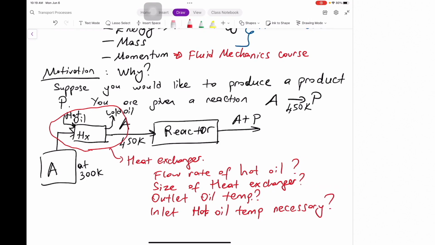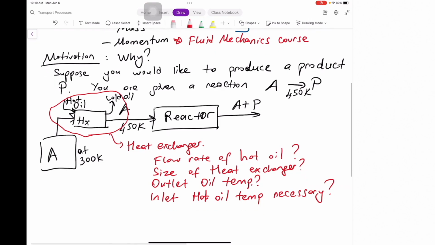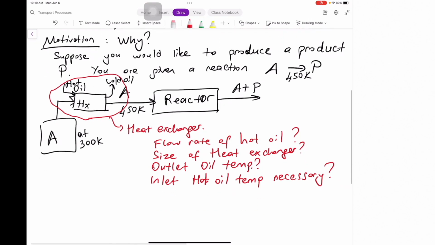You should answer all those questions. And to answer them, you need to model the system. So you need to know about heat transfer. That's one of the reasons that we learn about this.